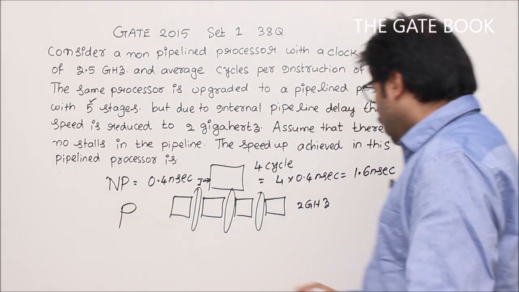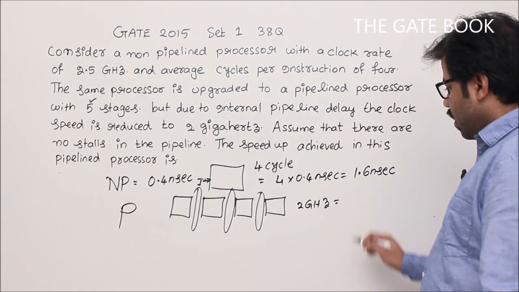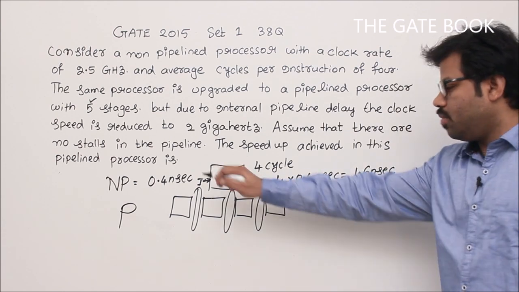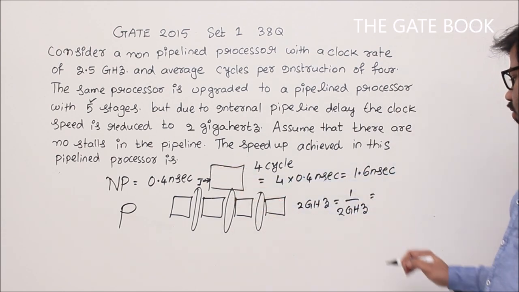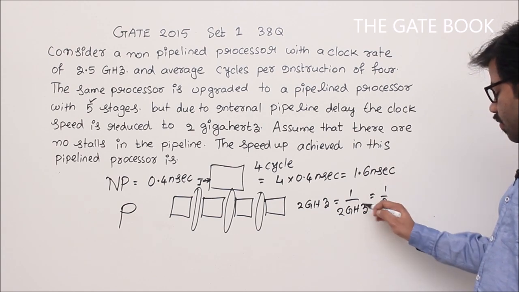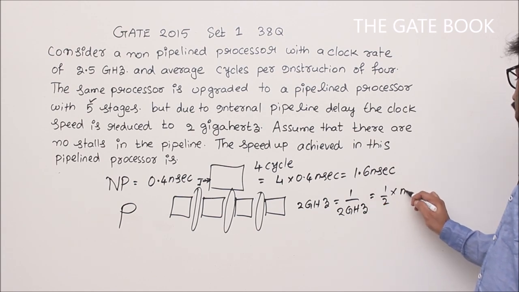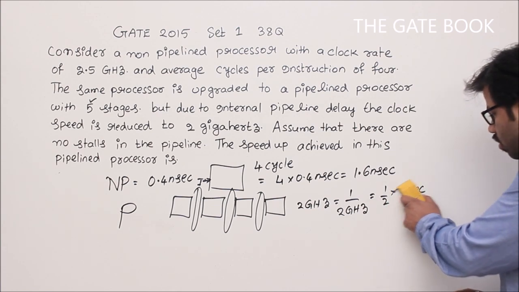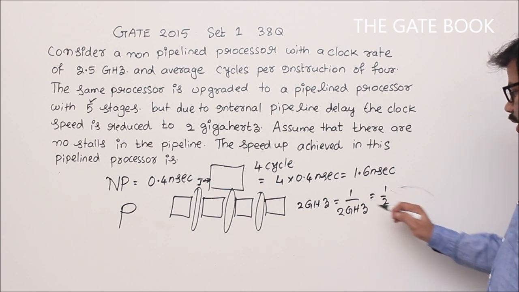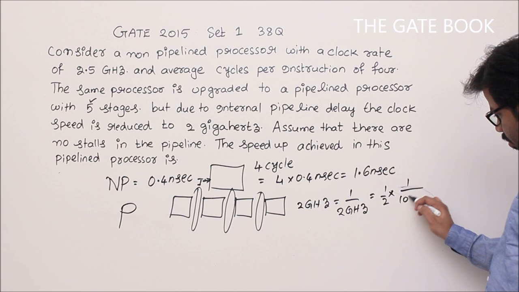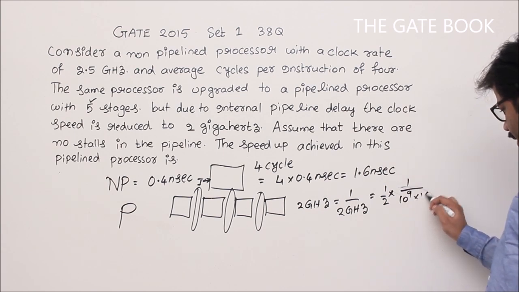Now we are in the pipeline model. In the pipeline model, cycle time is nothing but 1 by 2 gigahertz, correct? Same formula as non-pipeline: 1 by frequency. If you still don't have clarity, 1 by giga means 10 to the power of 9, and hertz means 1 by second.